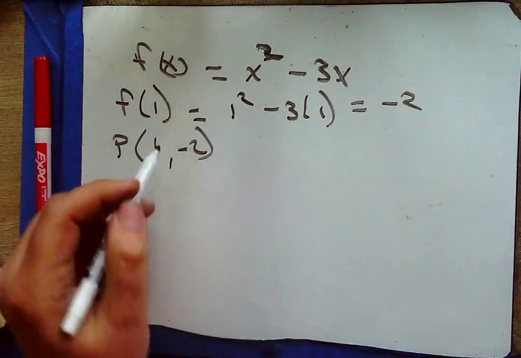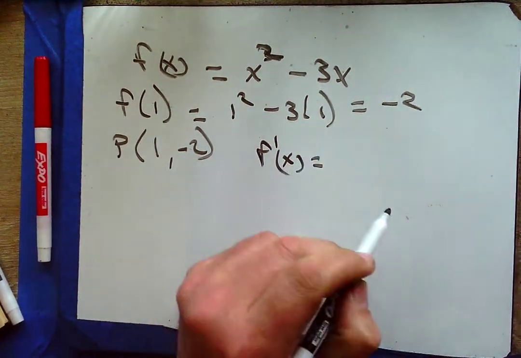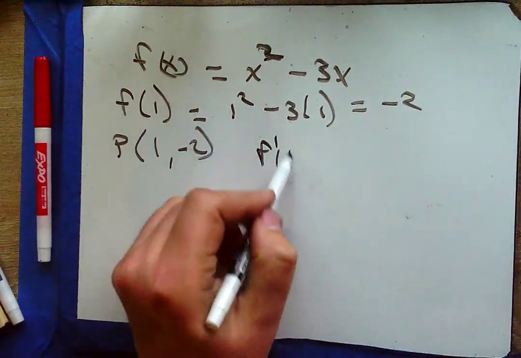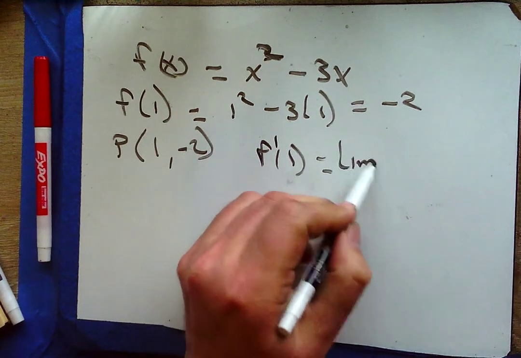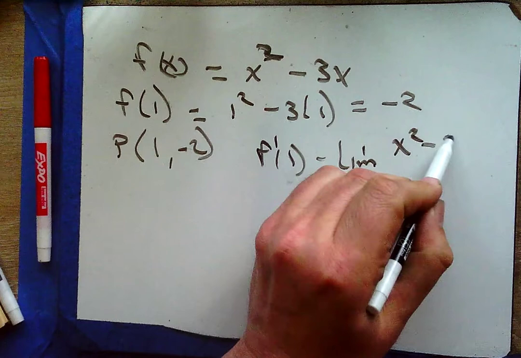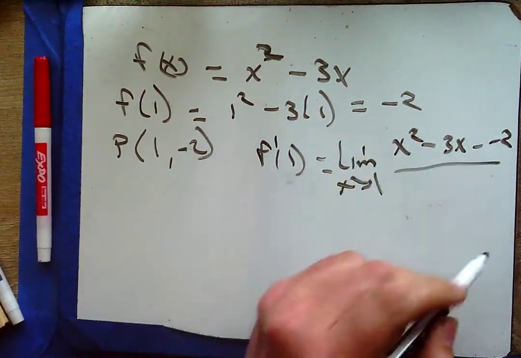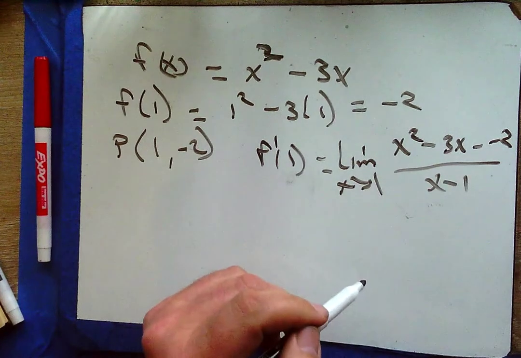Okay, so I could just do f prime of 1 equals the limit as x approaches 1 of f of x minus f of 1 over x minus 1.